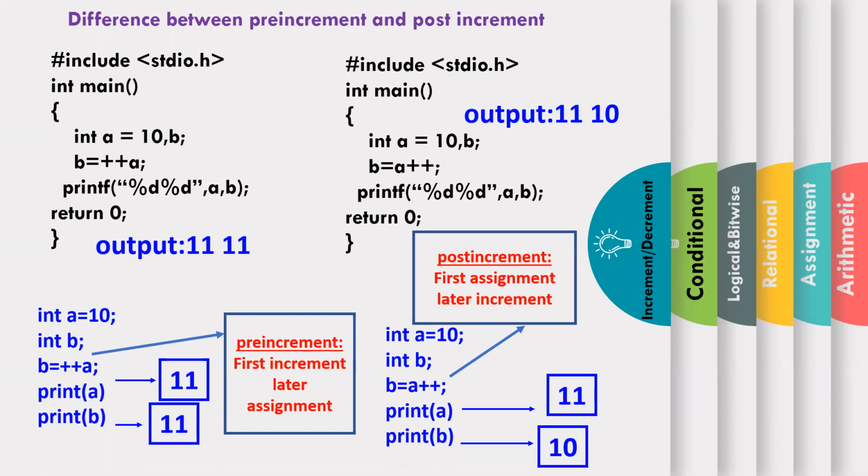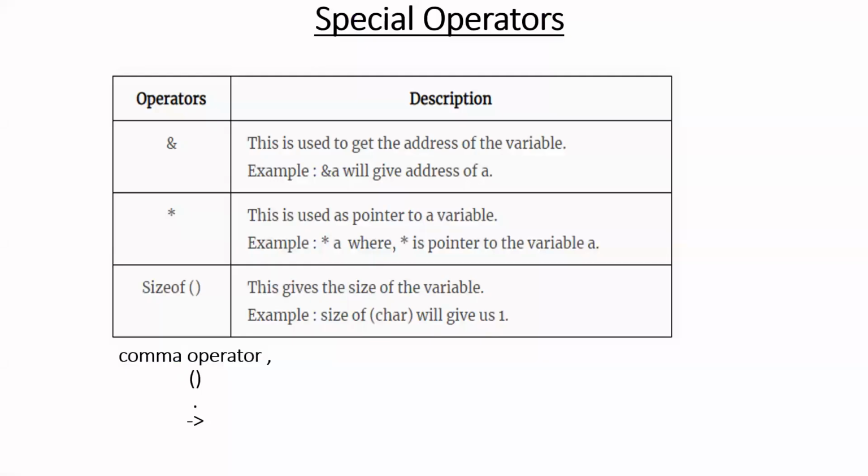The same case is also applied to decrement operators. Okay. And these are all the operators in C. Of course, there are some other operators, like special operators. And this ampersand symbol is used in pointers. It is also called the address-of operator. Similarly, the star is also called the indirection operator. It is also used in pointers.